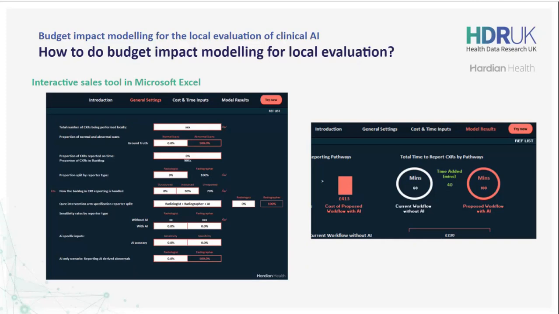And this is an example here of how that interactive sales tool could look. Again, just to reiterate, allowing for flexibility of any assumptions around data inputs to ensure that the analysis is truly reflective of what a payer may be experiencing, and the potential that the adoption of the new technology could have.